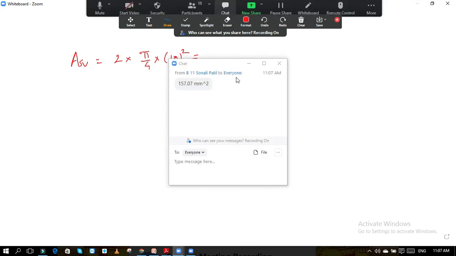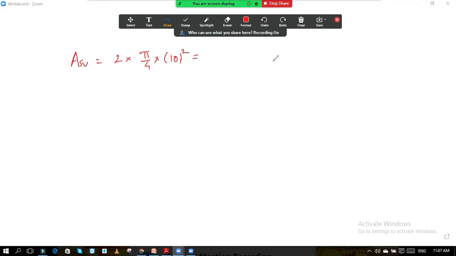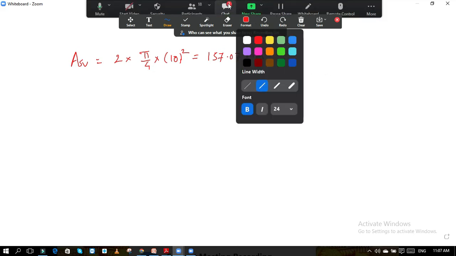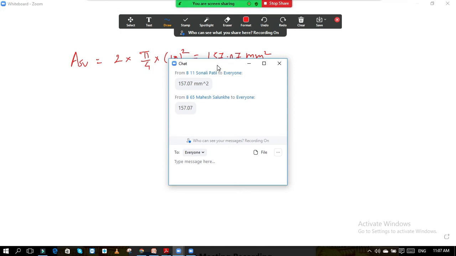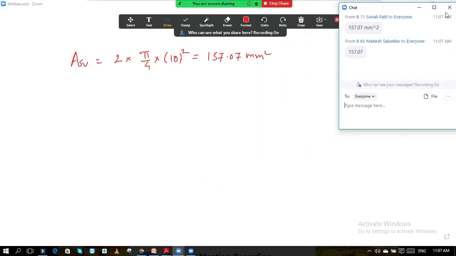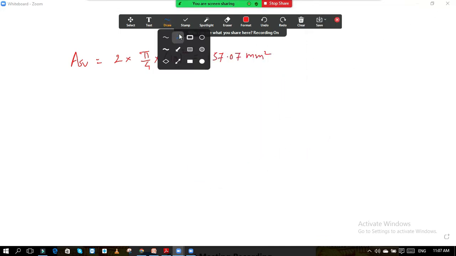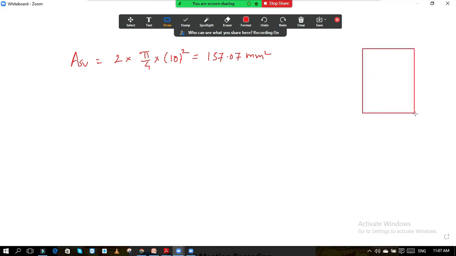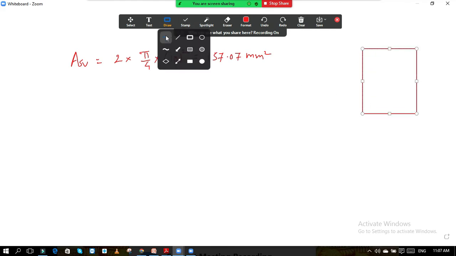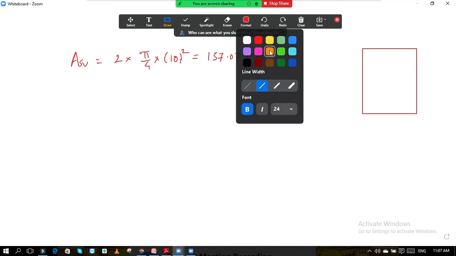What is it? 157.07. Okay, 157.07. Now see, if you look at your beam, if I draw the diagram here, so now this is your beam. This is the stirrups which you have provided inside the beam.